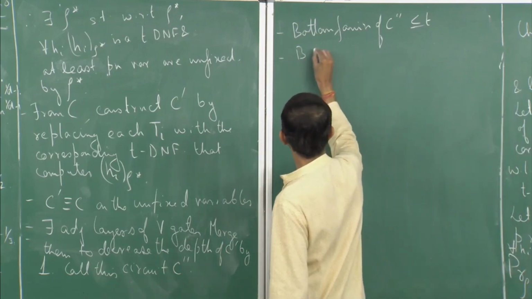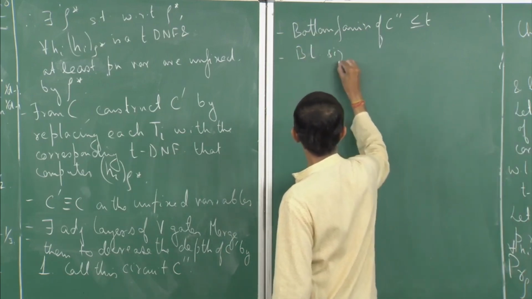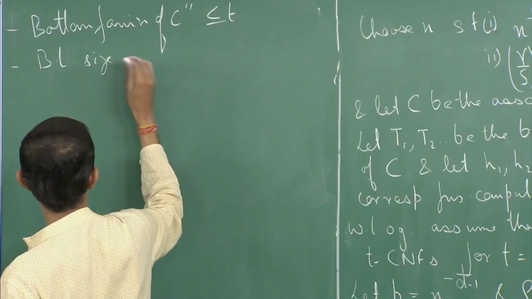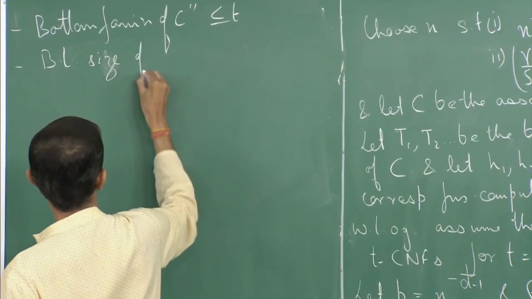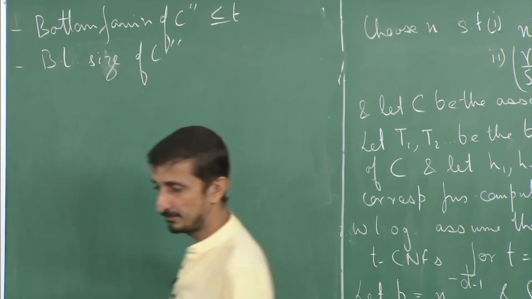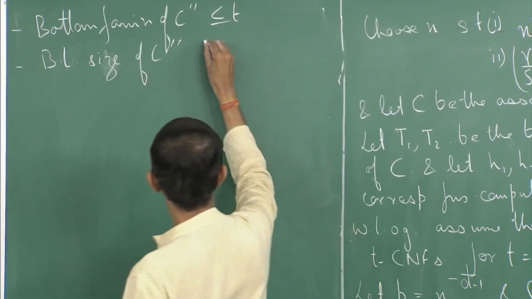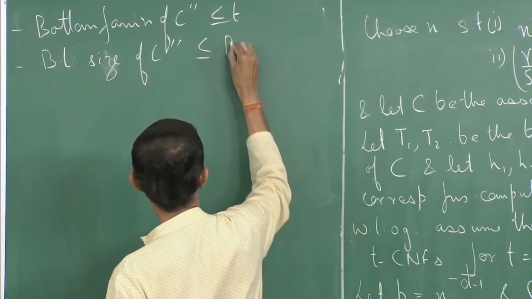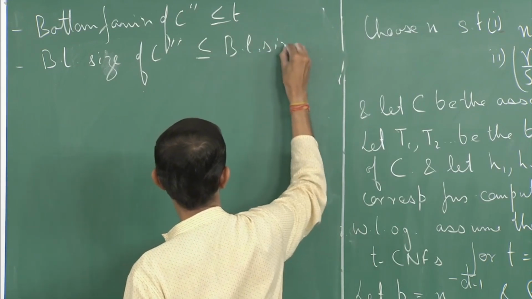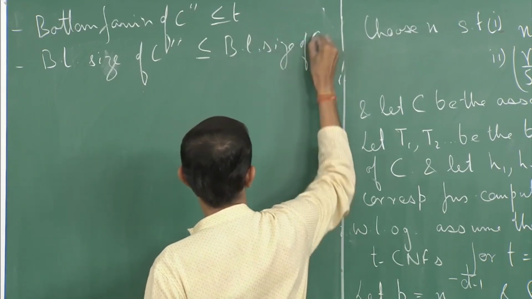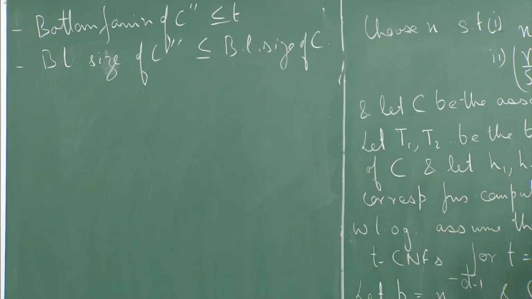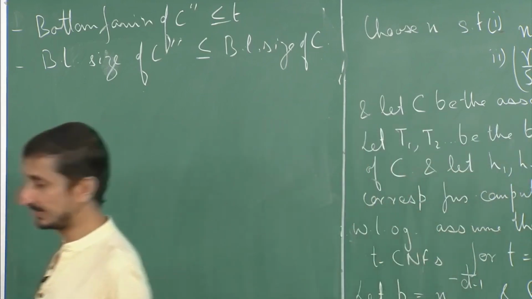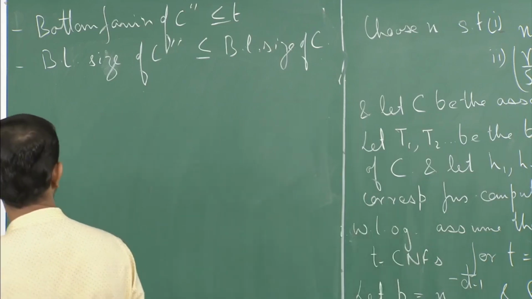The bottom-up size of C double prime is still bounded by the size of C, because I am not introducing any gates. In fact, I am reducing some gates. So, it does not change the size, okay.